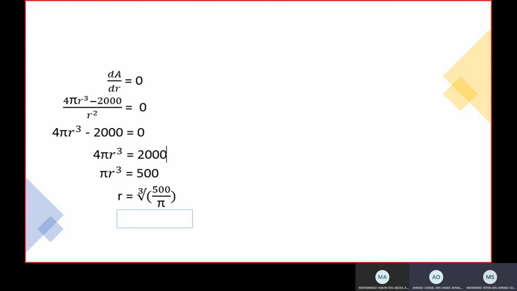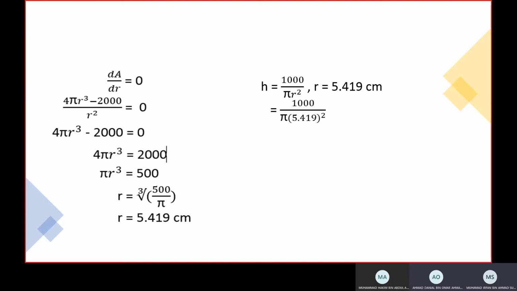Then we get the answer, which is the cube root of 500 over pi, which is 5.419 centimeters. And then don't forget about the first equation that we got, which is h equals 1000 over pi r squared, and we substitute r equals 5.419 into it, and then we get the answer, which is 10.8 centimeters.